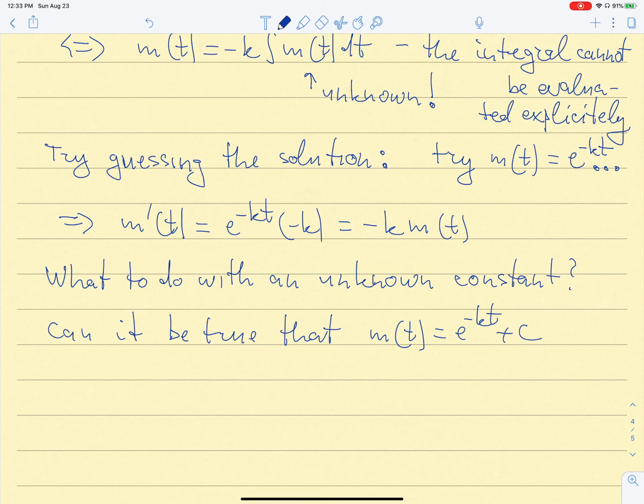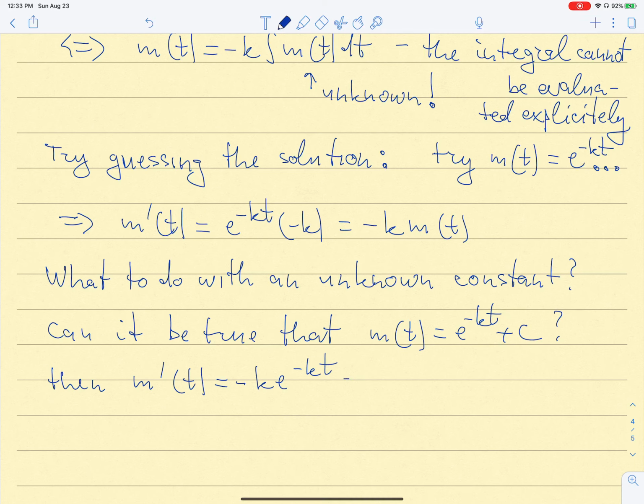Because again, integration was involved somewhere. I'm integrating, and then I need to add an unknown constant. Well, let's see. What is m prime of t in this case? So m prime of t is still, right, the derivative of the constant is 0. It's still minus k e to the minus kt.